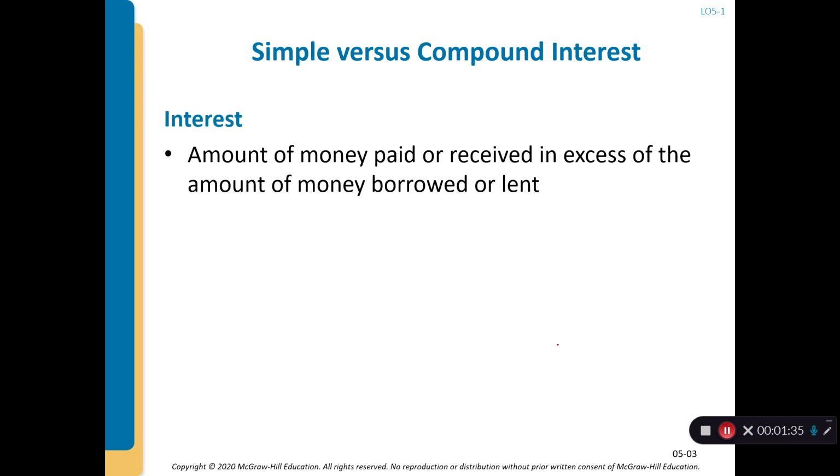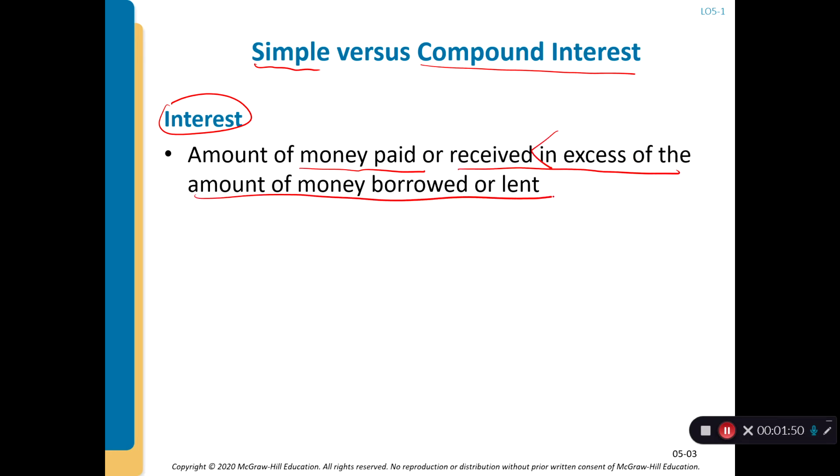First of all, I want to discuss how many types of interest there are. There are two kinds. Interest is the amount of money paid or received in excess of the amount of money borrowed or lent. So you lent $100, and in the end it grows to $106.